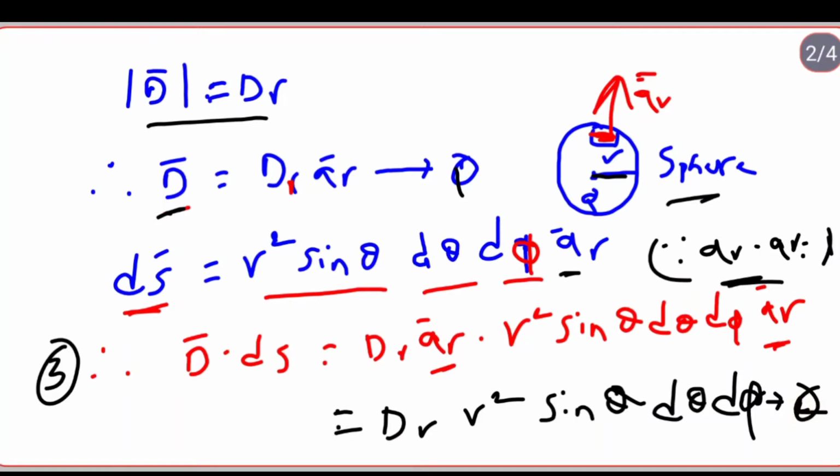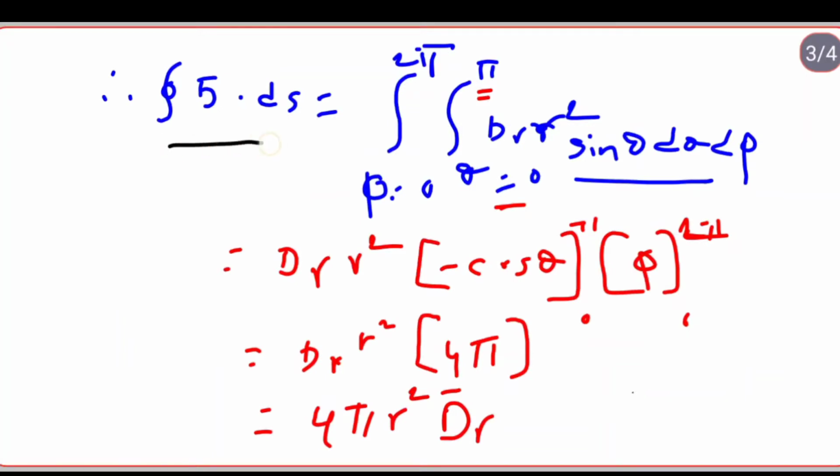After that, we have to integrate over the surface by applying the limits. Now we are applying the integration over the surface. Surface integral D dot dS equal to integral phi equal to 0 to 2 pi and theta equal to 0 to pi. Now we substituted D dot dS here.